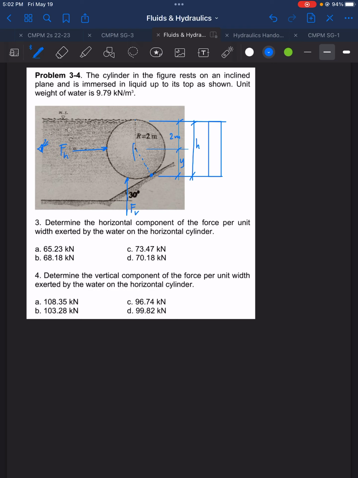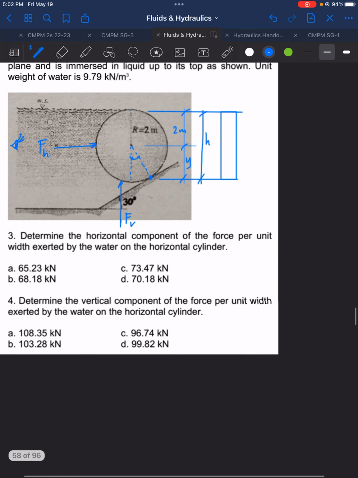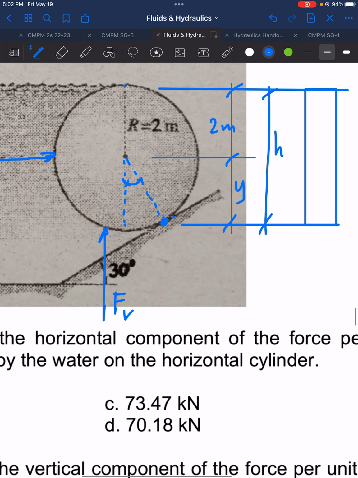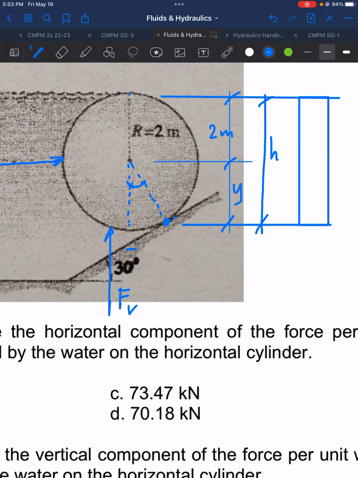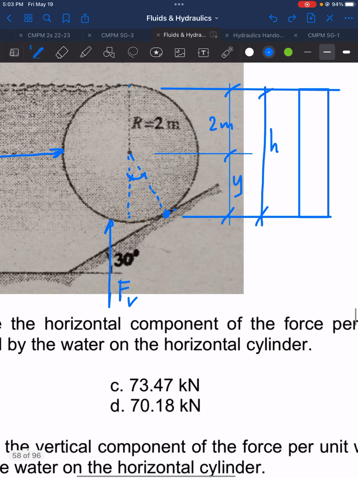This is the line perpendicular to the inclined. So what is the angle formed here? Let's close up on it. This is 30 degrees inclination. Therefore, if we draw here another line, so this is 30 degrees.